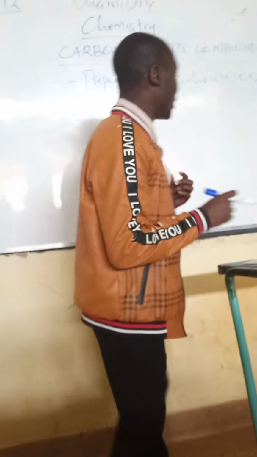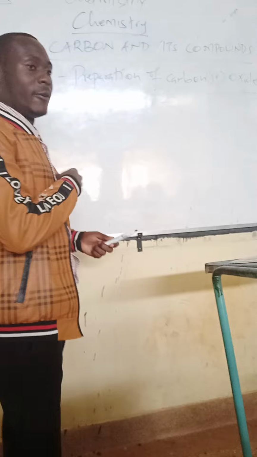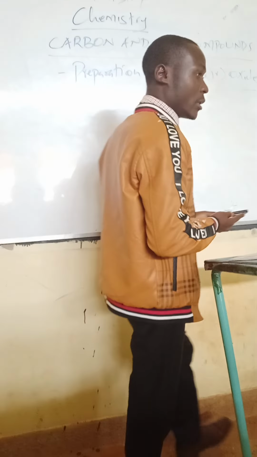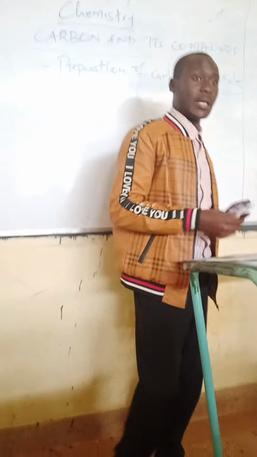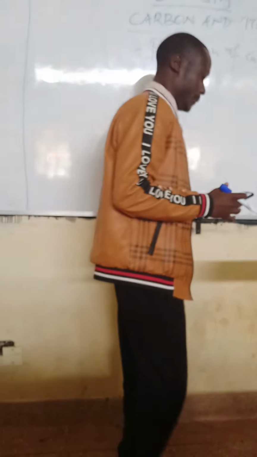Yes, today we are going to learn about carbon and its compounds. The subtopic that we are going to deal with today is the preparation of carbon dioxide. So we know that carbon dioxide is a mere oxide of what? It is an oxide of carbon.